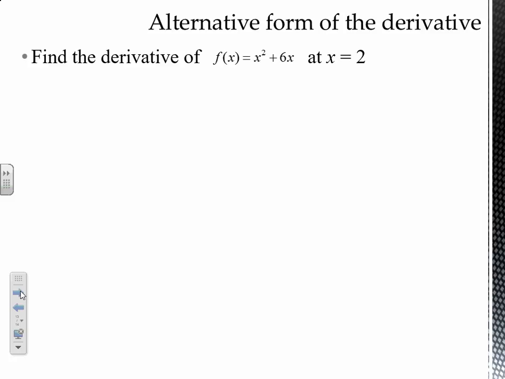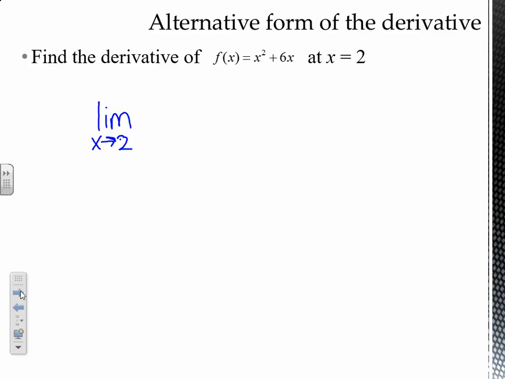So x squared plus 6x evaluated at x equals 2. Instead of having to do the limit of the difference quotient, we can take the limit as x approaches 2 of the slope between f of x and f of 2.